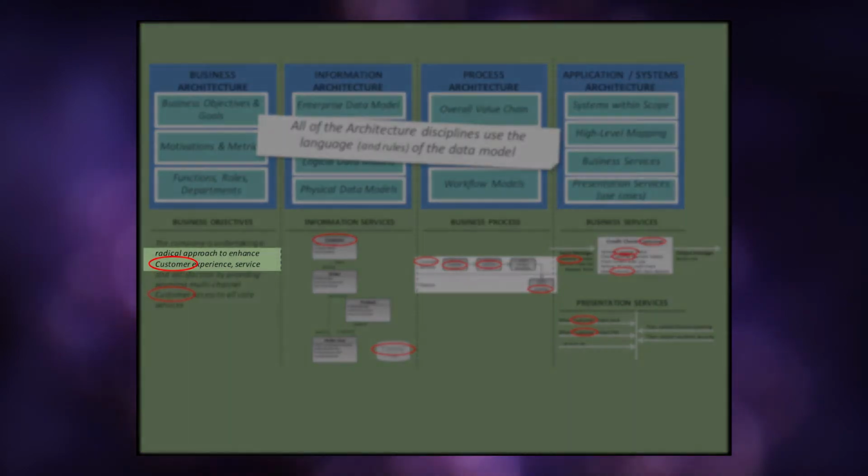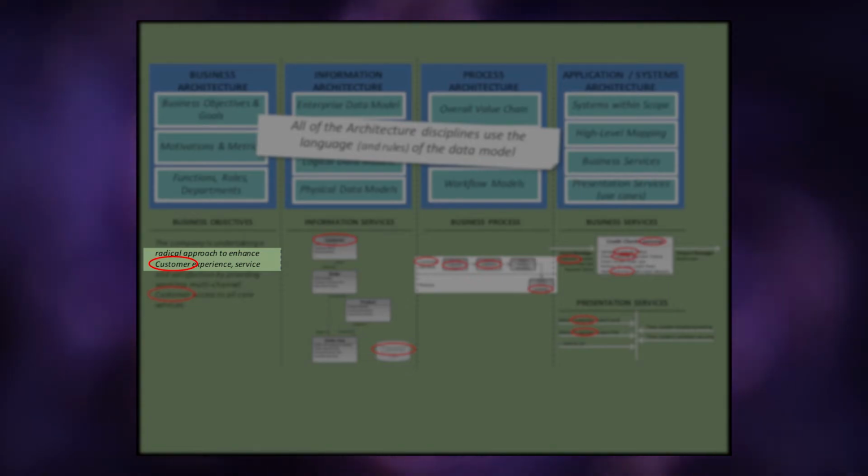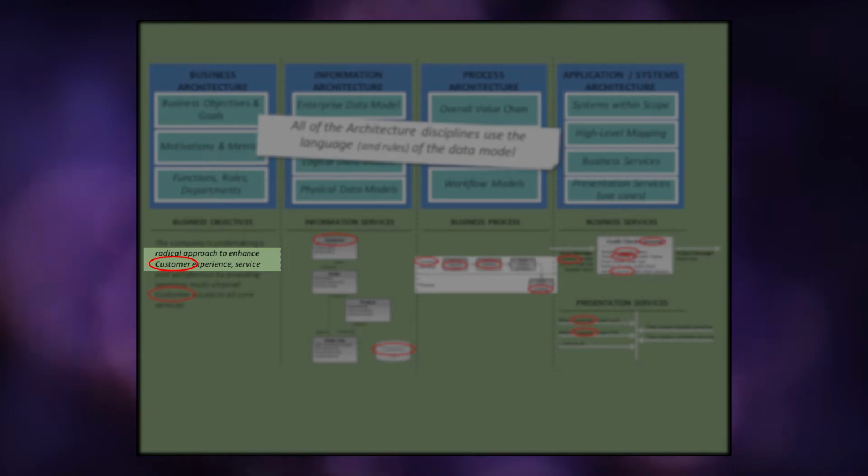So if I use the word a radical approach to enhance customer experience, I better know what a customer is. Does that include prospects? Does that include customers that are actively doing service with them right now? Does that include ones that we dropped off 6 months ago? If I'm going to improve experience, I better know what that noun means.